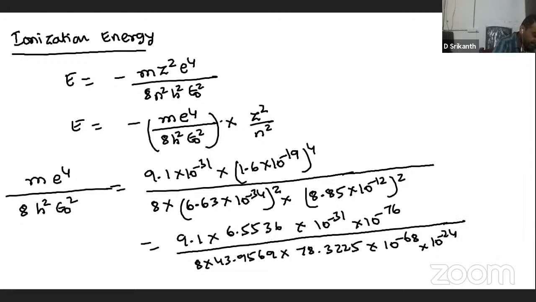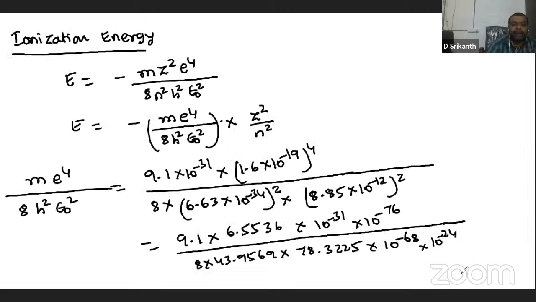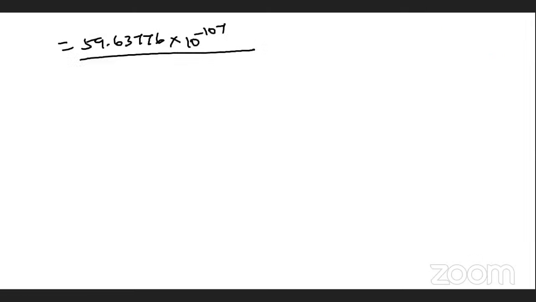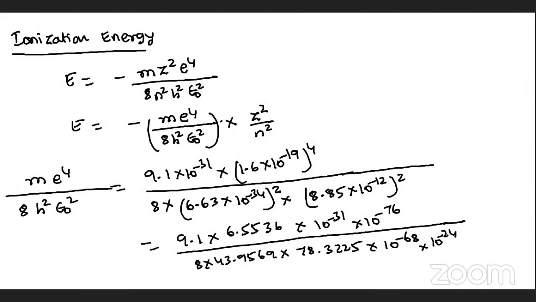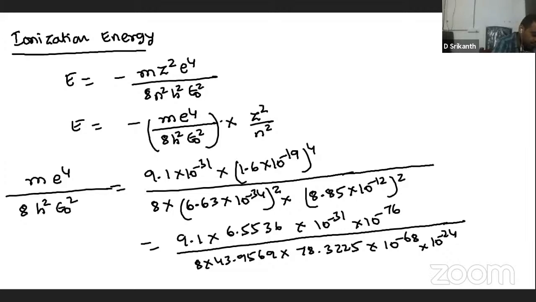So the numerator is 9.1 into 6.5536, 59.63776 into 10 power, 76 plus 31, that is 107, 10 power minus 107, divided by 8 into 43.9569 multiplied by 78.3225.